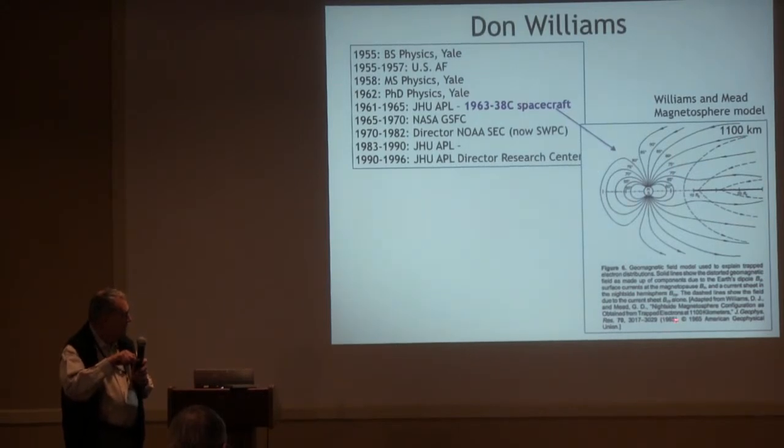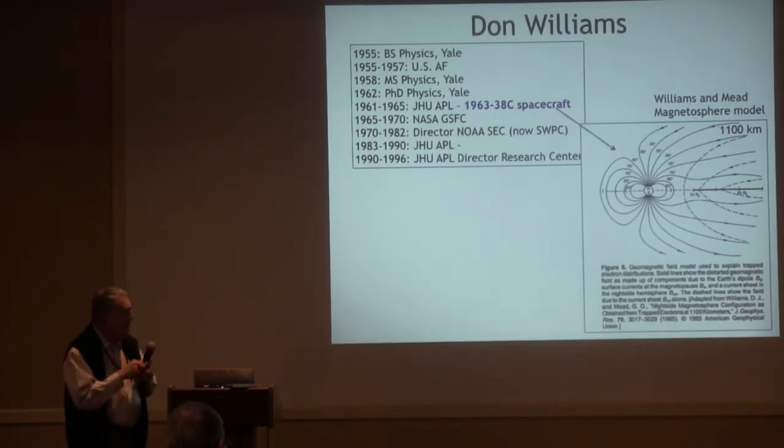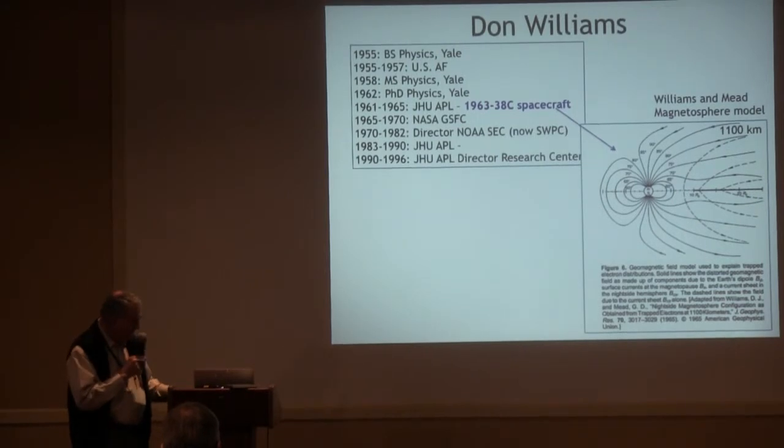They published this in JGR in 1965, where Gil Meade first put in the neutral sheet current, stretching the magnetic field. And this model was used for years afterwards, with modifications too.